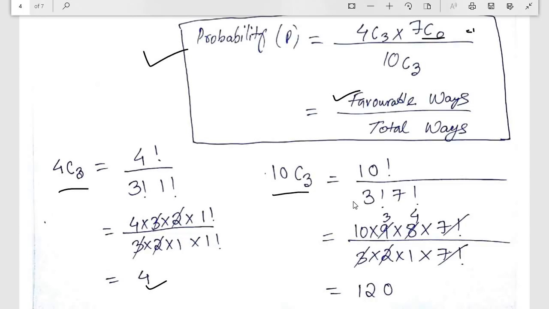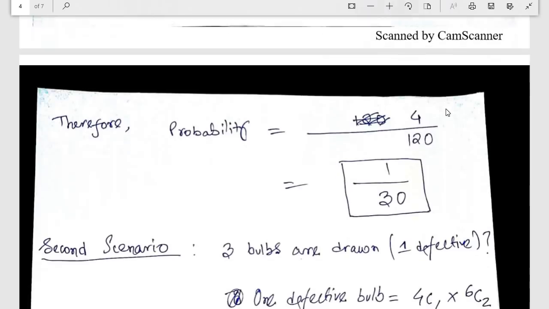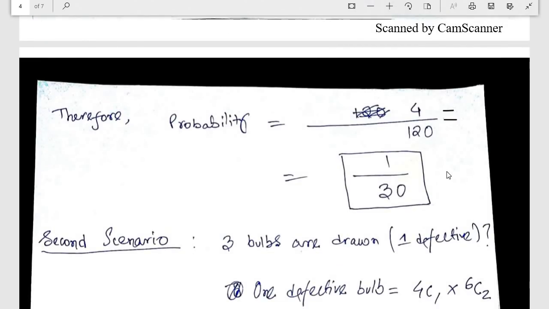Similarly for 10C3, it will be 10 into 9 into 8 over 3 into 2 into 1, so it will become 120. It's very simple. Now we have to divide. It will be 4 divided by 120, so it will be 1 by 30, right? So this will be the answer.